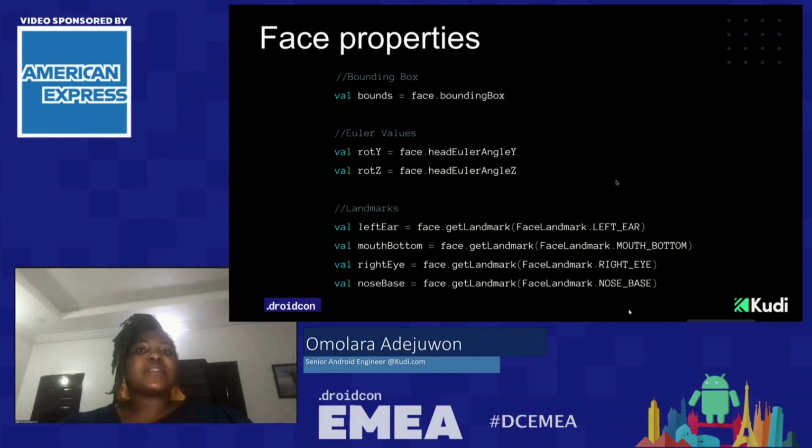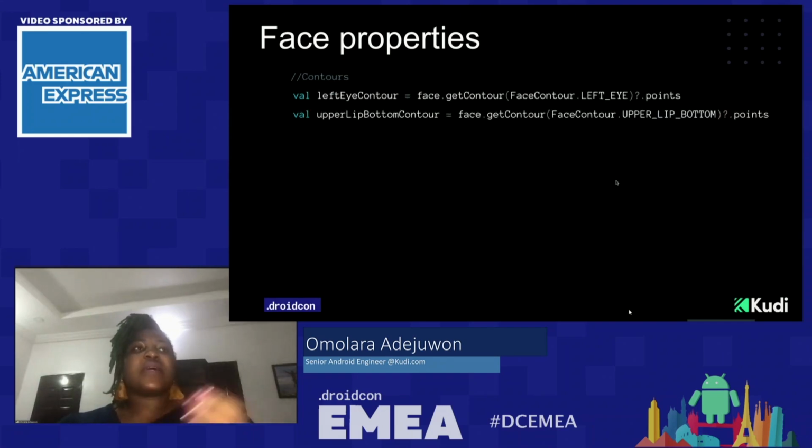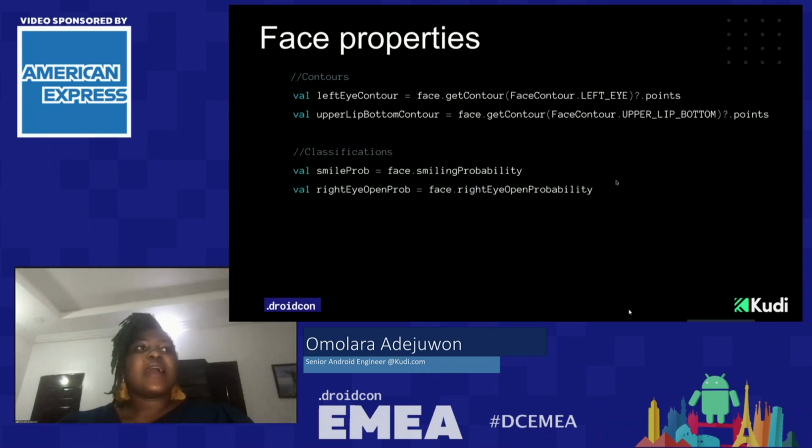Also the landmarks, the position of the landmarks, where the left ear is, where the mouth bottom is, the right eye, and all that stuff. Then the contours. These are how you can retrieve the points and do whatever you want to do with those points. And also for classifications, this is how you get whether the face is smiling, whether the right eye is open, whether the left eye is open. These are the probability values for classification.